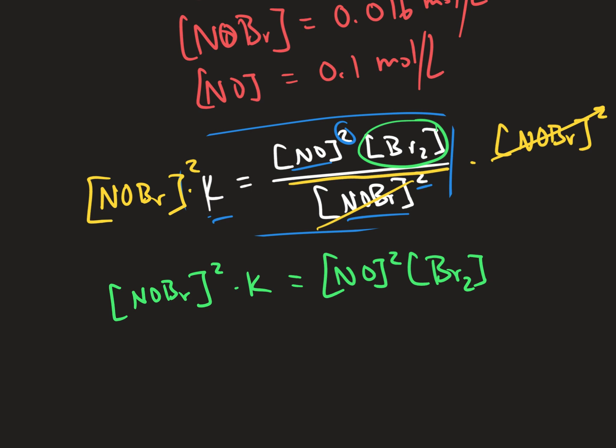Now we got to get rid of this. What's being done between those two? What's the operation? Multiply. So what's the inverse operation of multiply? Divide. So we divide both sides by the concentration of NO squared. That goes away.